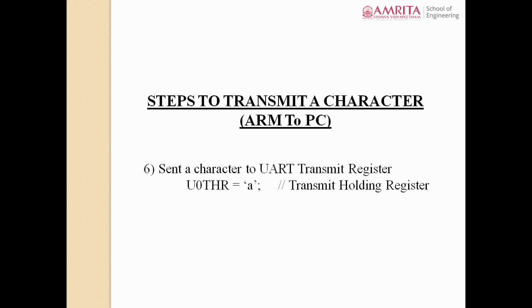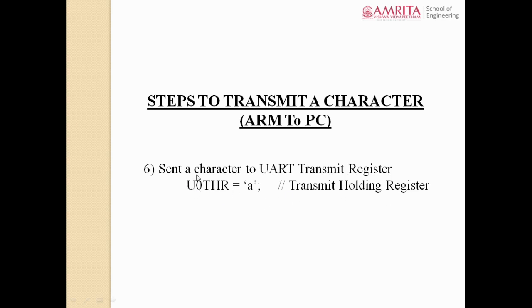through the UART peripheral. So in this example, you are going to transmit a character known as A, small letter A, through UART, right? So whatever character you need to transmit through UART, you need to give that character into a register known as U0THR. U0THR means UART0 transmit holding register.